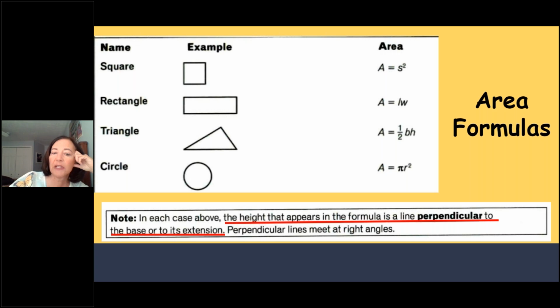And then it says perpendicular lines meet at right angles. So you can see the triangle formula has a height. The rectangle, this distance could be referred to as the height. They're making the point that it must be a line that is perpendicular to its base. But like I said, we'll talk about that more in a minute.